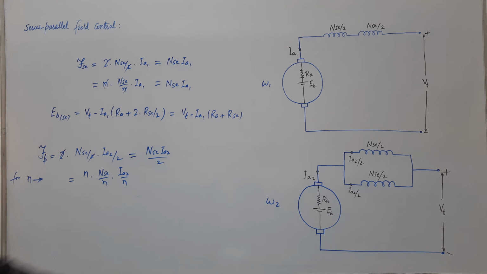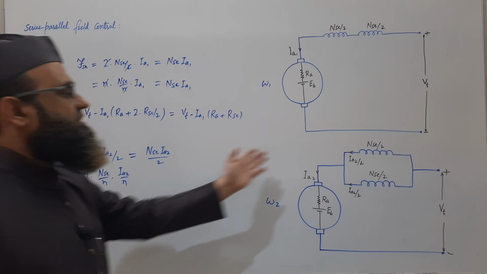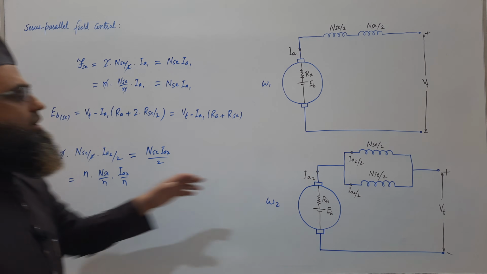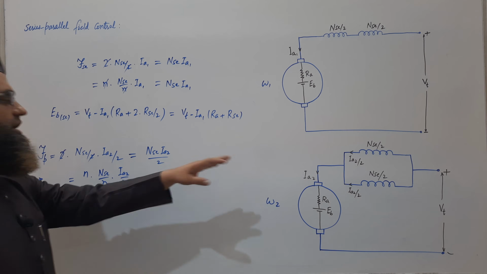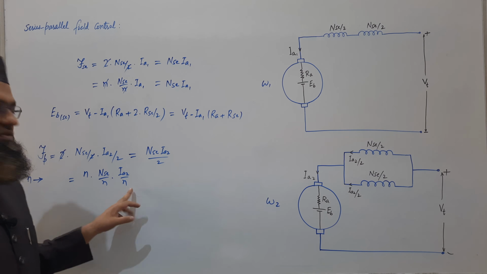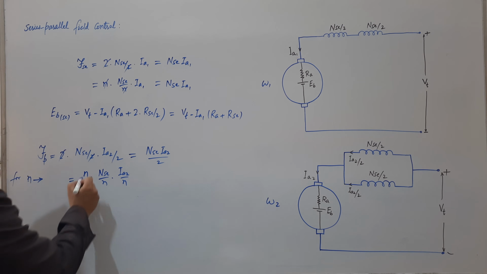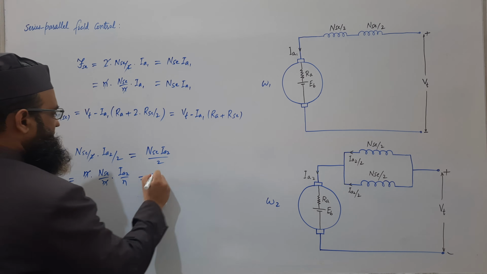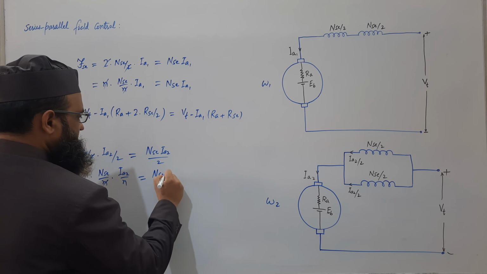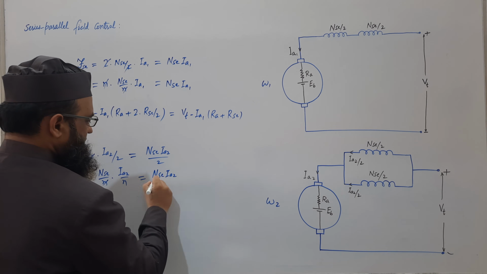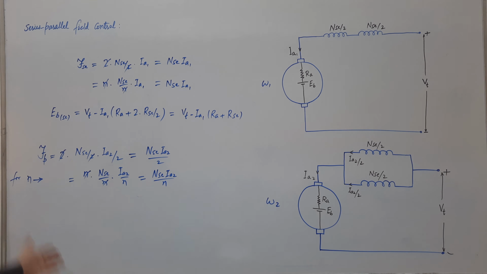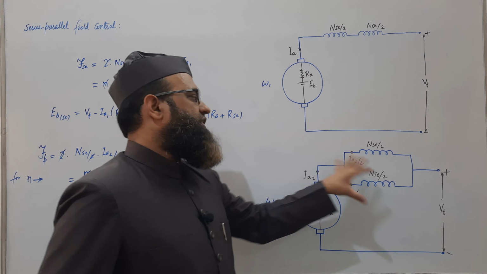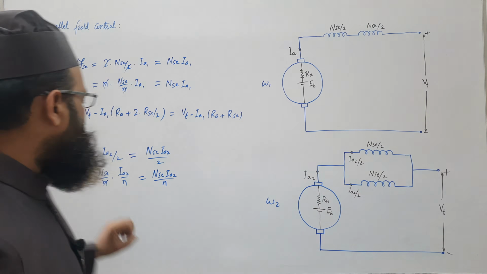If we have n equal to 3, the number of turns in each parallel path will be NSE by 3 and the current will be IA2 by 3, and so on. In general the same may be written as NSE IA2 upon n. So by varying n, we may get the MMF of the series field winding corresponding to that connection.